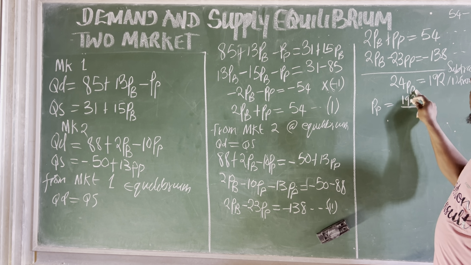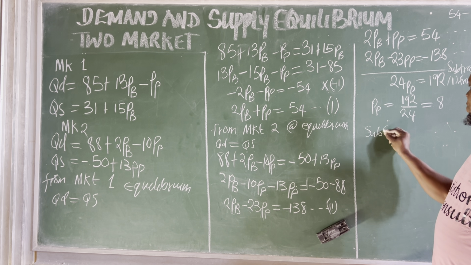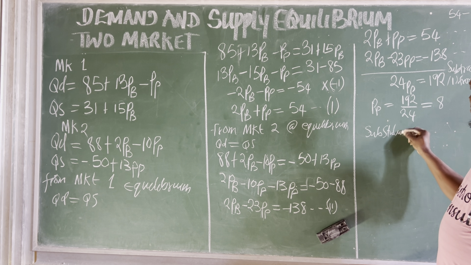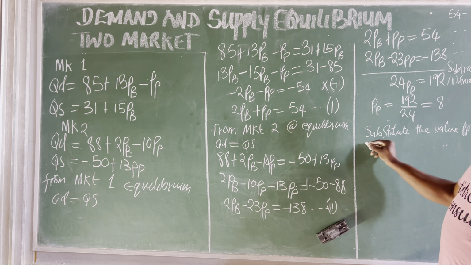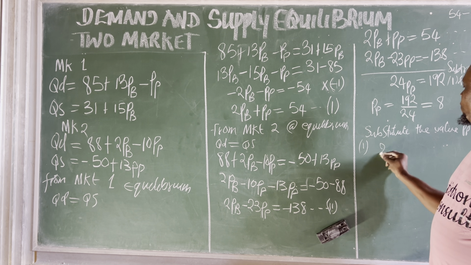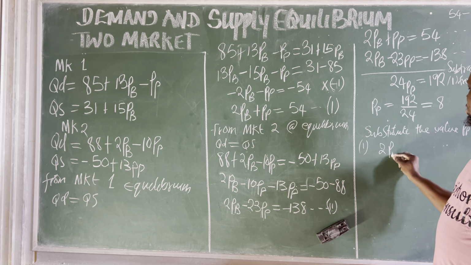Now, if we have this as 8, all we need to do is to substitute the value of 8 in either of these equations. So if we substitute PP equal to 8 in, say, equation 1, then we have 2PB plus PP is equal to 54.